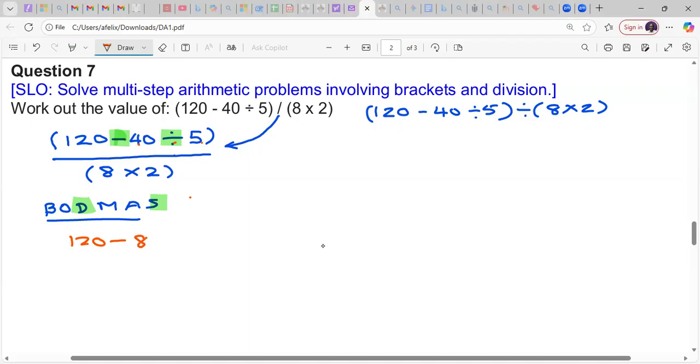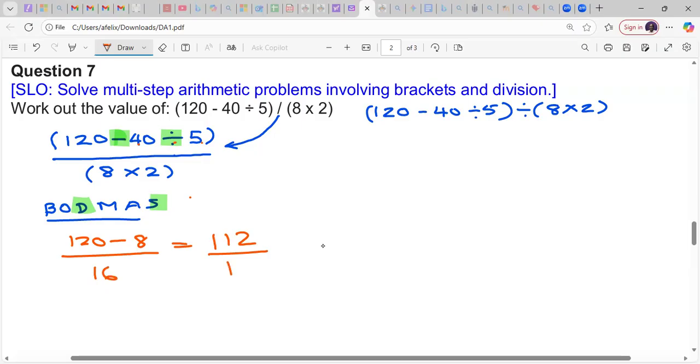And then we are dividing this by 8 by 2. Remember, you're working brackets, so let's focus on the top first. 120 minus 8 will give us 112. And then 8 multiplied by 2, 16 will be our value in the denominator.